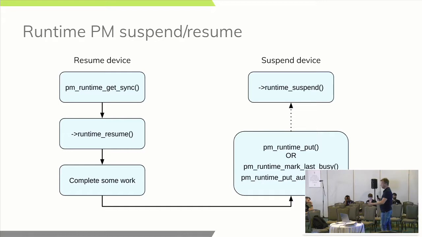And then you do the work that you need to do, and when you're done with the work, you want the device to go into a low power state, and then you call the put functions. And at some point later, depending on which put interfaces you're using, asynchronous or the idle period, auto suspend, your runtime suspend callback will be invoked and let you power down the device.